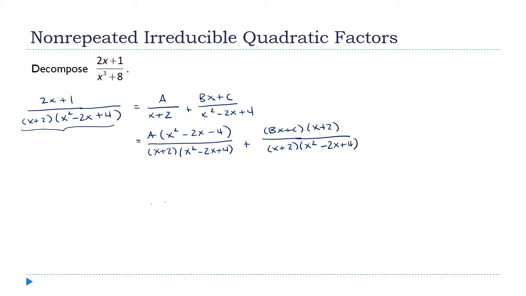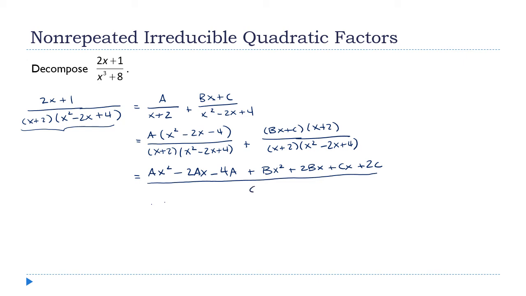Awesome. Now I can make the numerators equal, and I'm going to multiply these out as I do. First, distribute the A. This part is Ax squared minus 2Ax plus 4A, plus Bx squared plus 2Bx plus Cx plus 2C, all over that common denominator.